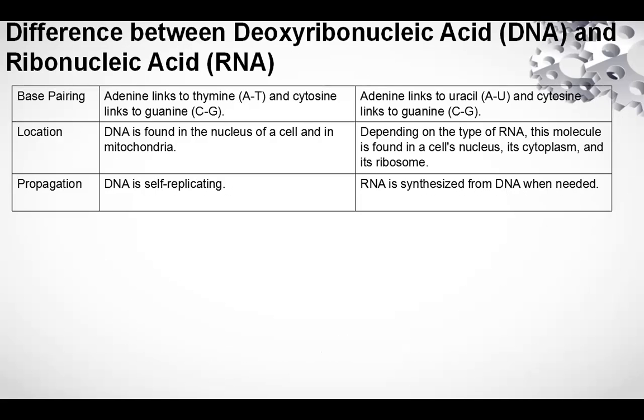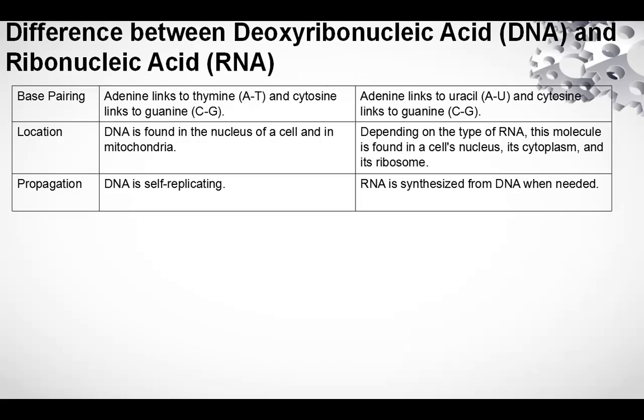The other difference is in terms of base pairing. In the DNA, the adenine links to thymine and the cytosine links to guanine, while in the RNA, the adenine links to uracil and the cytosine links to guanine. In terms of location, DNA is found in the nucleus of a cell and in the mitochondria, while the RNA is found depending on the type of RNA.